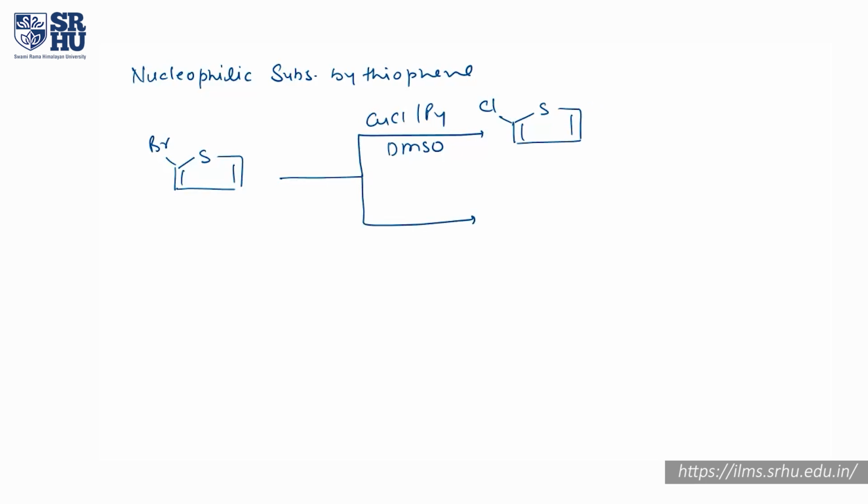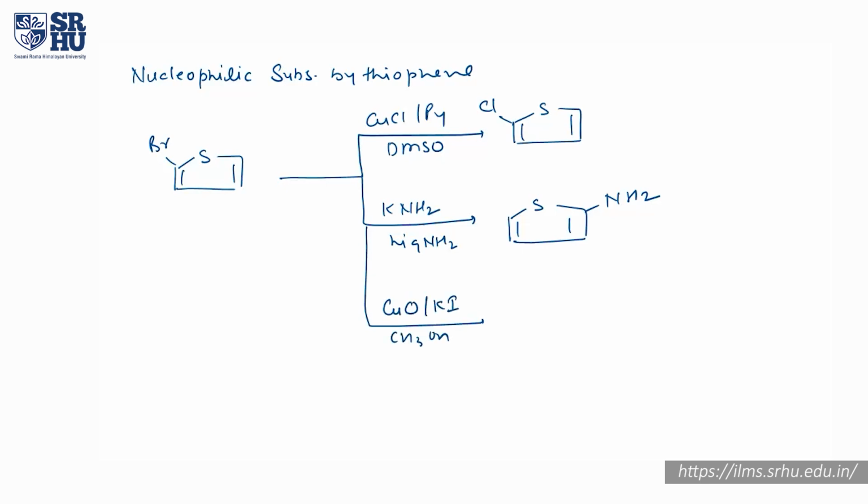You can also perform nucleophilic substitution with KNH2, okay, potassium amide in liquid NH3. NH2 will act as a nucleophile and it will give a 2 substituted product. You can also do this substitution by copper oxide and CH3OH.